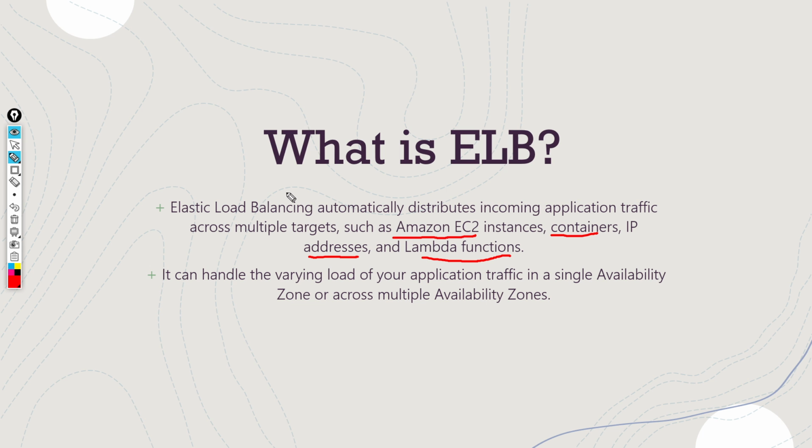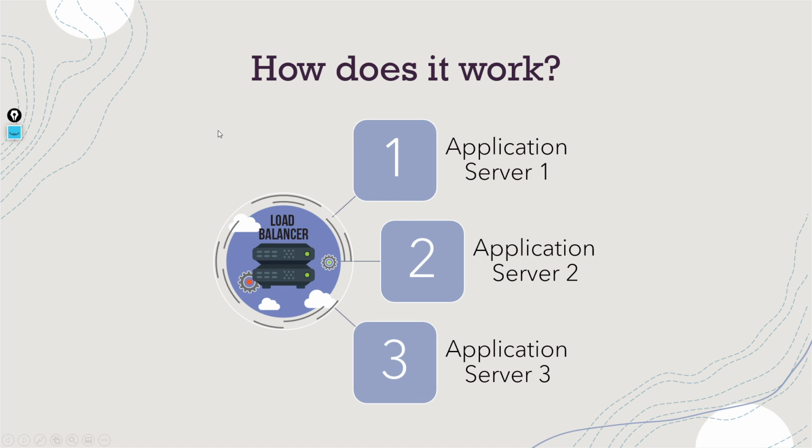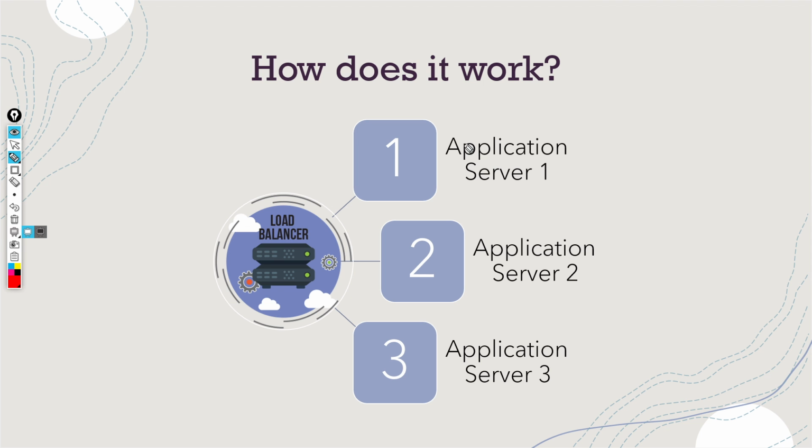So here, coming back to this image, let us just consider these as EC2 instances. So this is not application server 1, 2, or 3. Instead, this is EC2 instance 1, this is EC2 2, and this is EC2 3.